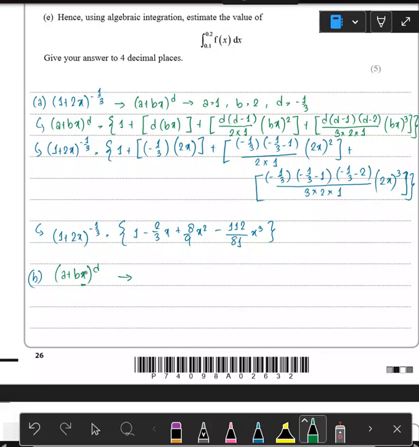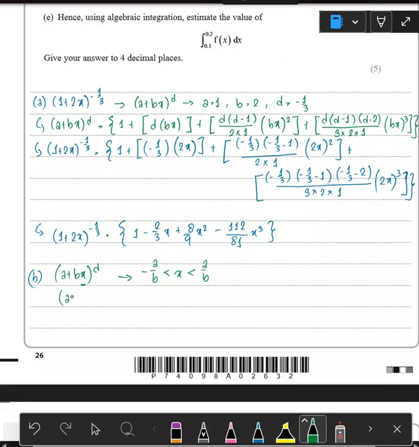If it's just x, meaning x to the power 1, then the range would be written in this form: negative a by b less than x less than a by b. So x is greater than negative a by b, but less than a by b.